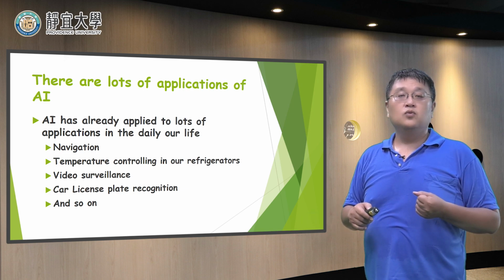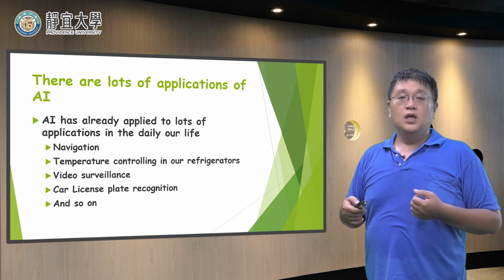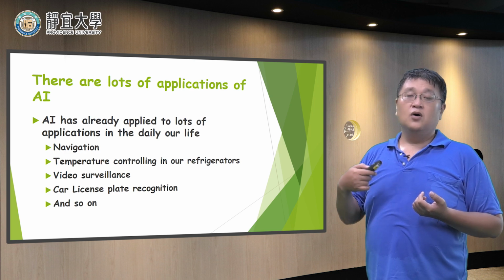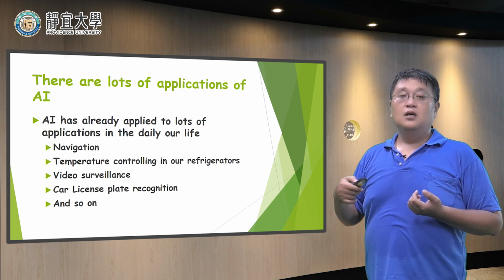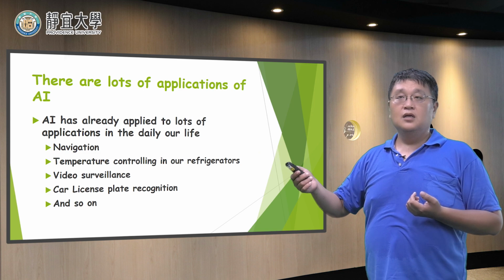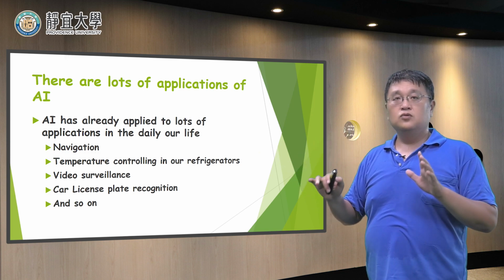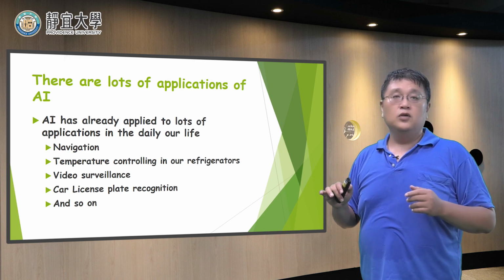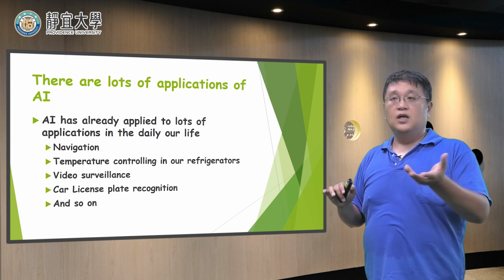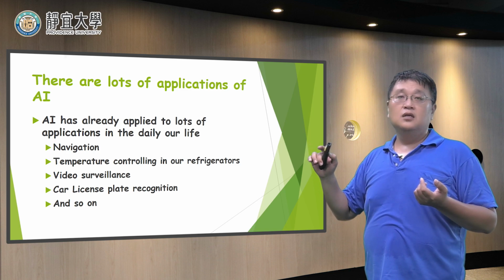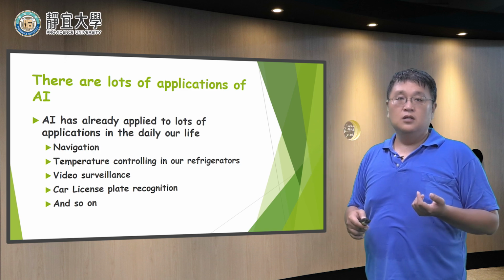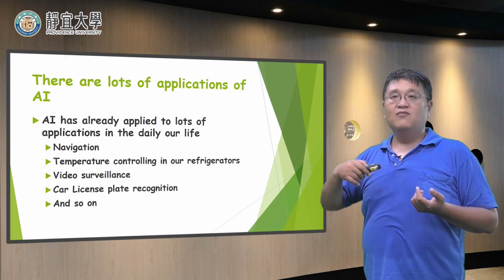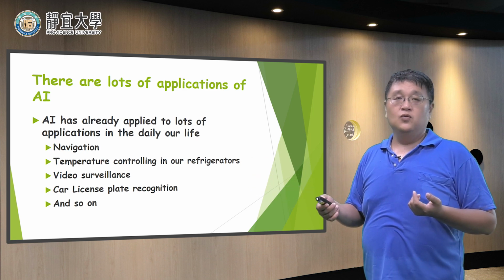For example, we talk about temperature, we talk about video surveillance, we talk about car licenses, we talk about a lot of things. All of these in our daily life have become a normal way that we use AI. Something like the air conditioner will generate a comfortable temperature for you.